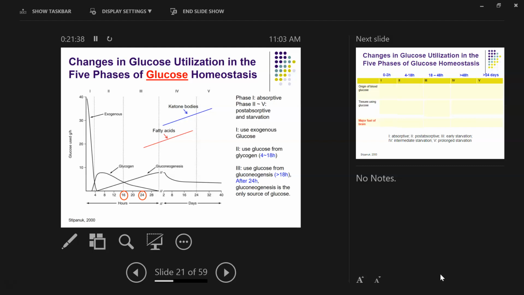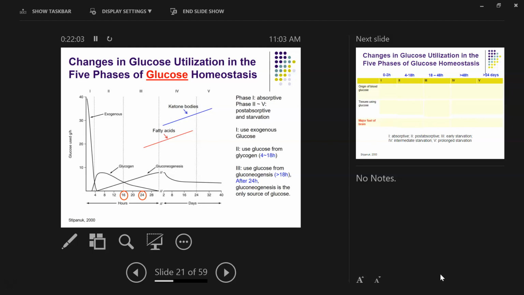A couple of time points: 18 hours is the time point for glycogen depletion, and 24 hours is the time point for gluconeogenesis becoming the only source of glucose for our body.